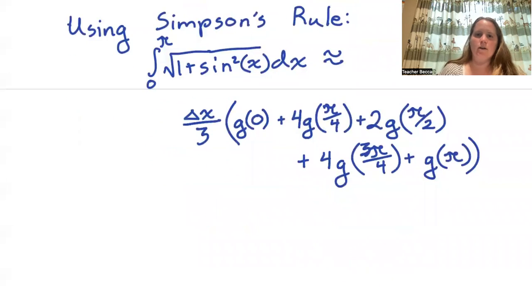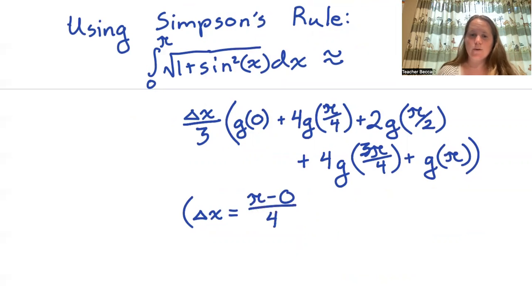So here our delta x is pi minus 0 split over our 4 intervals, otherwise known as pi over 4. Hence why we did 0, pi over 4, pi over 2, 3 pi over 4, pi.